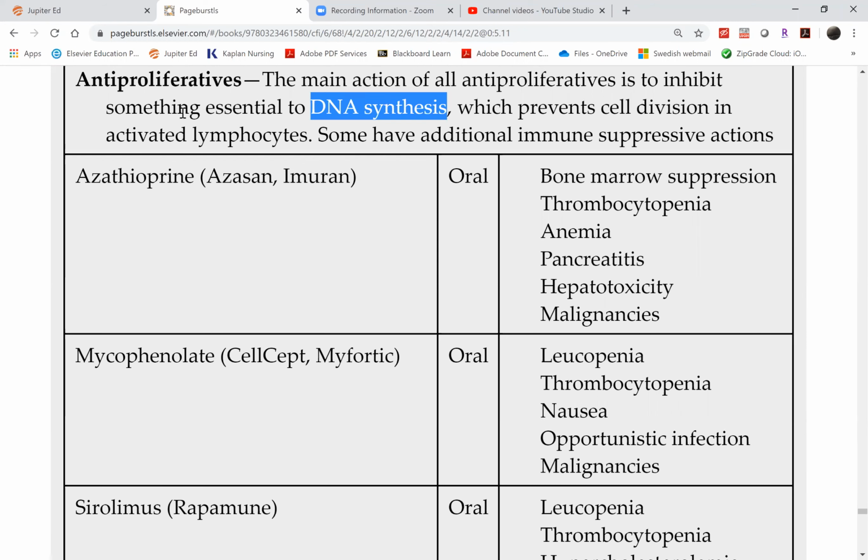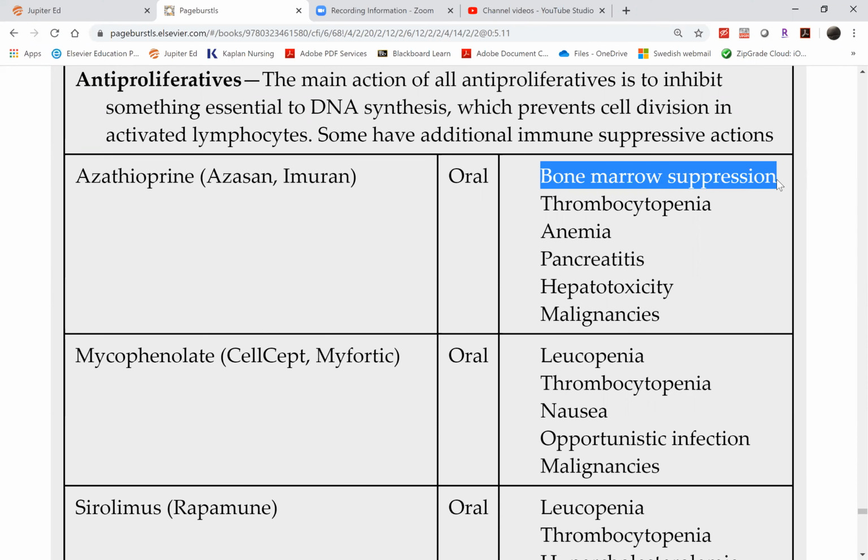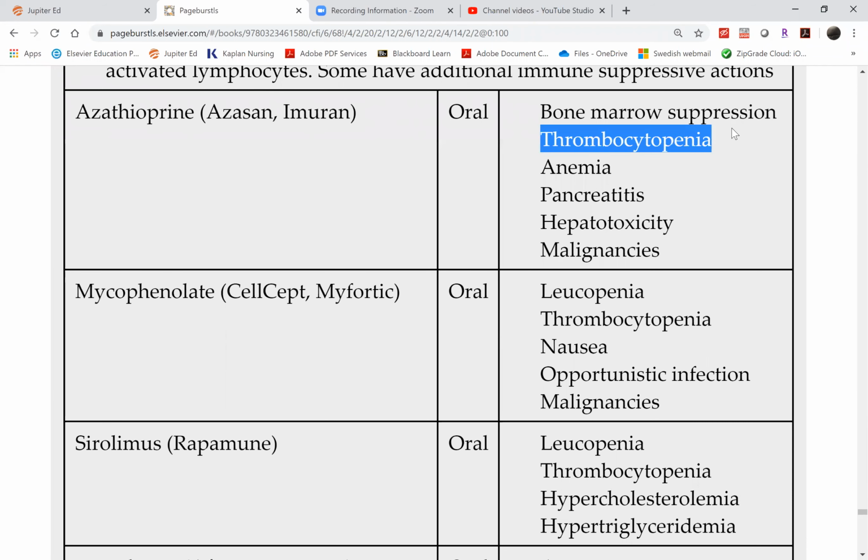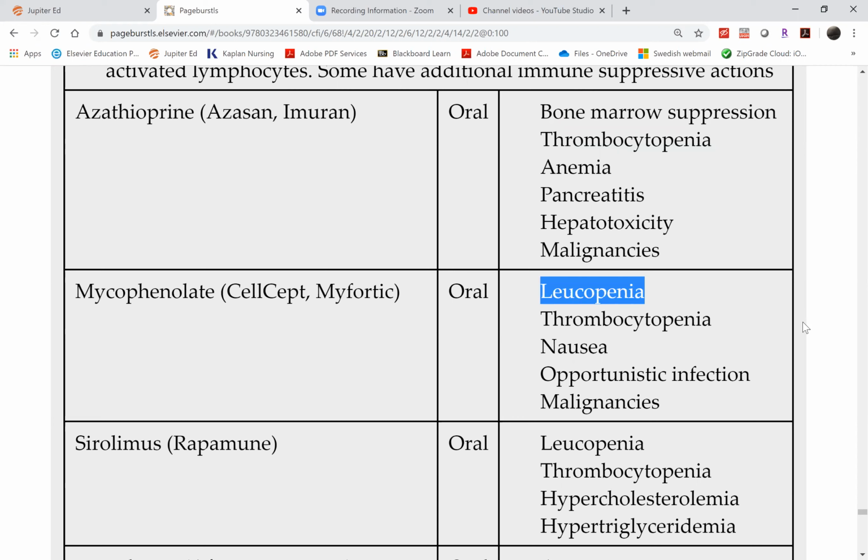They will affect mostly rapidly dividing cells, and those rapidly dividing cells happen to be inside the bone marrow. So the bone marrow produces all three blood cells: red blood cells, white blood cells, and your platelets. So that's why your manifestations here are thrombocytopenia, anemia, and neutropenia or leukopenia.